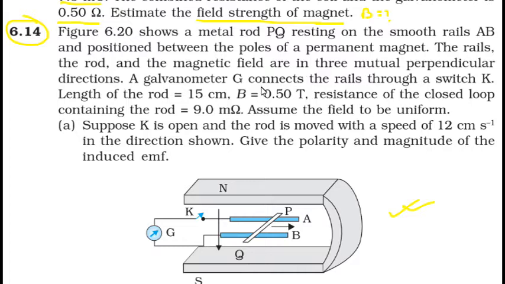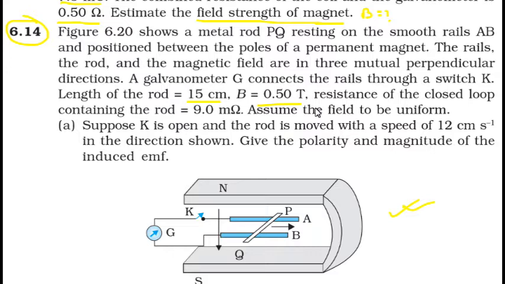The rail, the rod and the magnetic field are in three mutually perpendicular directions. A galvanometer G is connected across the rails through a switch K. The length of the rod is equal to 15 centimeter, B is equal to 0.50 Tesla, and the resistance of the closed loop containing the rod is equal to 9 milliohm. Assume that the field is uniform.